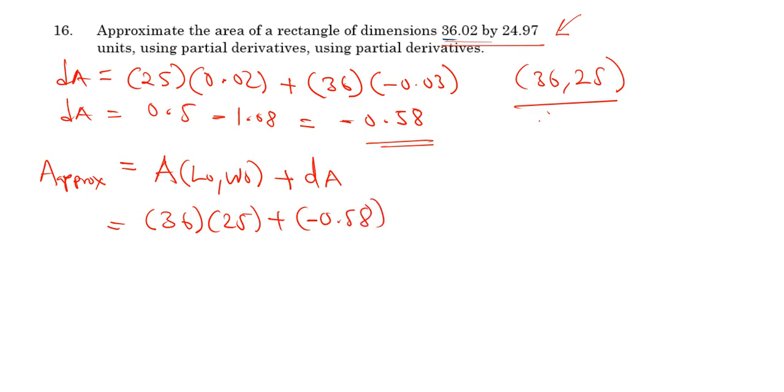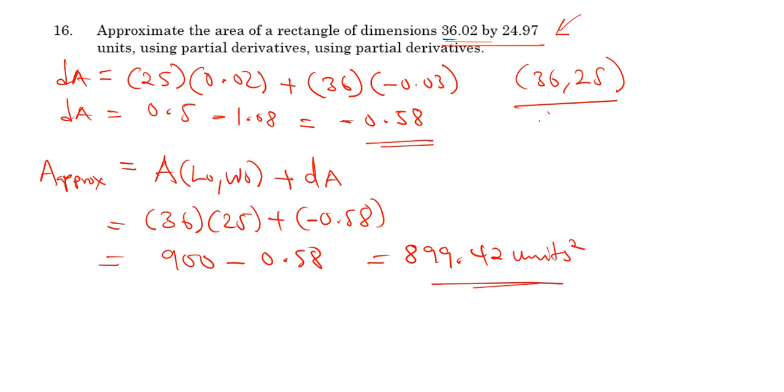When I multiply 36 by 25, this gives me 900, then minus 0.58, I get 899.42 unit squared. This is what my approximate area is going to be.